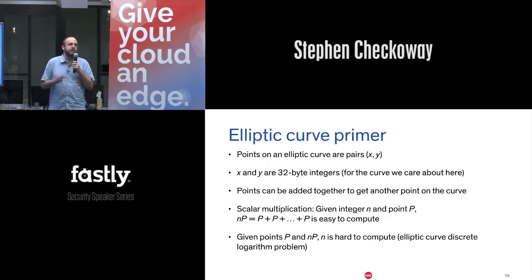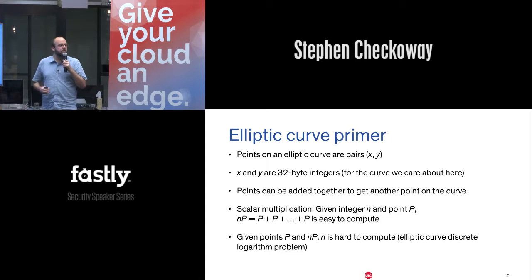How this actually happens doesn't matter. It's easy to do. You just perform a couple of simple arithmetic operations, modulo a prime. Very easy. And in particular, given an integer n and an elliptic curve point p, it is really easy to compute the product n times p, which is nothing more than p added to itself n times. And there are some fast ways to do it, but this is good enough.